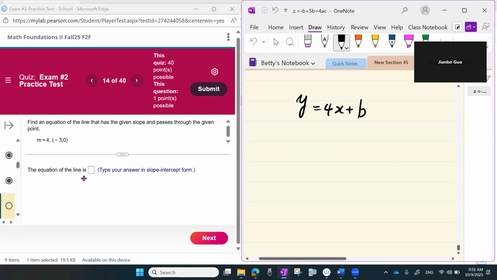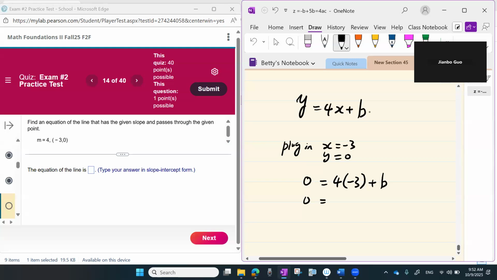And it says to write the equation in slope-intercept form. So we only need to find the b. To find the b, we plug in x equals -3 and y equals 0, okay?